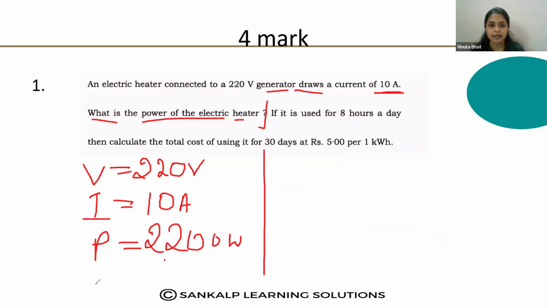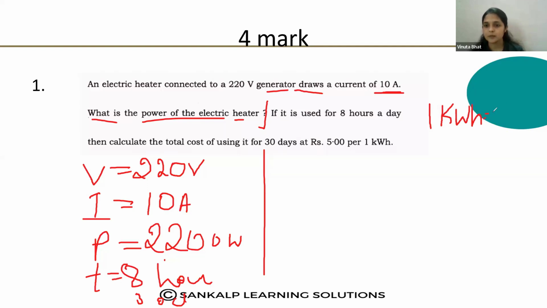Next, the time is 8 hours, for 30 days. Then 1 kilowatt hour is equal to rupees 5.